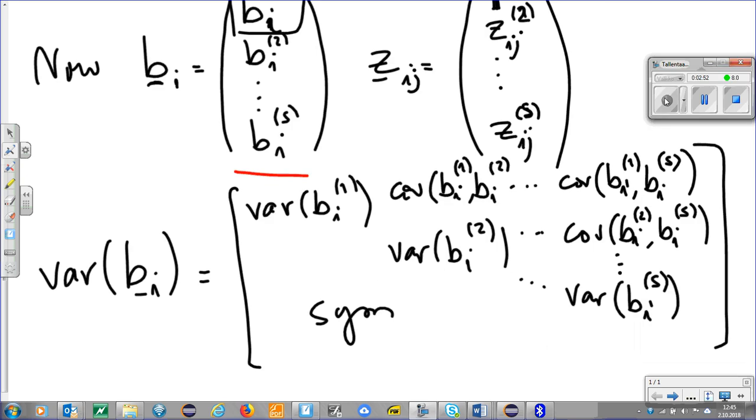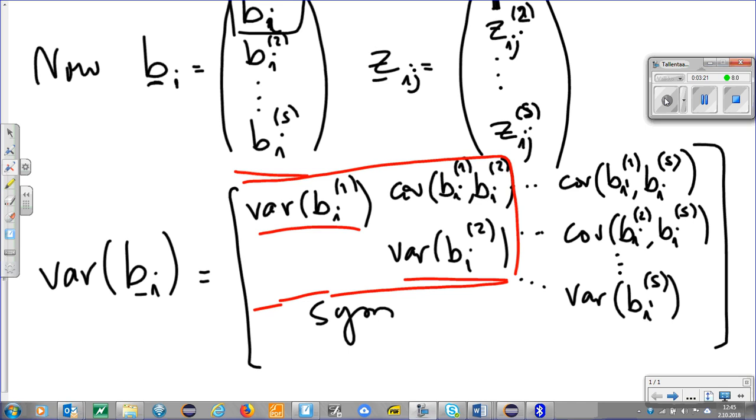It's important to define, now that the bi's are the random effects, the variance covariance matrix of the random effects. In the previous model where we had random intercept and slope, the matrix included this part. Now we have a total of s columns and rows in the matrix, and it includes all the variances of the random effects on the diagonal, and all off-diagonal elements are then the covariances between each pair of the random effects.